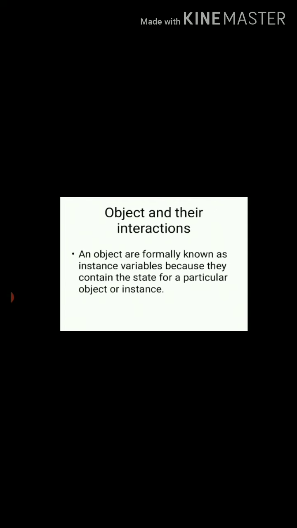Interaction between the object and the real world. Just take a common example of a student. A student object will have a different number stored in the student number variable, like student marks details: English marks, maths marks, Hindi marks, computer marks.